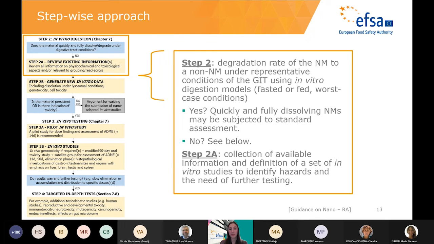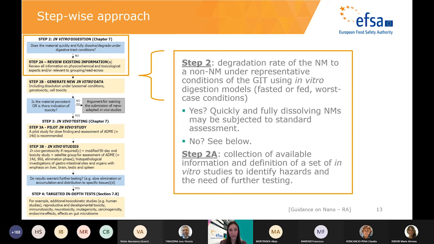We're going to see now a little bit more in detail these sub-steps. Starting with the stepwise approach, the first step is to investigate the degradation rate of the nanomaterial to the non-nanomaterial form under representative conditions of the gastrointestinal tract, through the use of in vitro digestion models, which can represent fasted or fed state and worst case conditions.